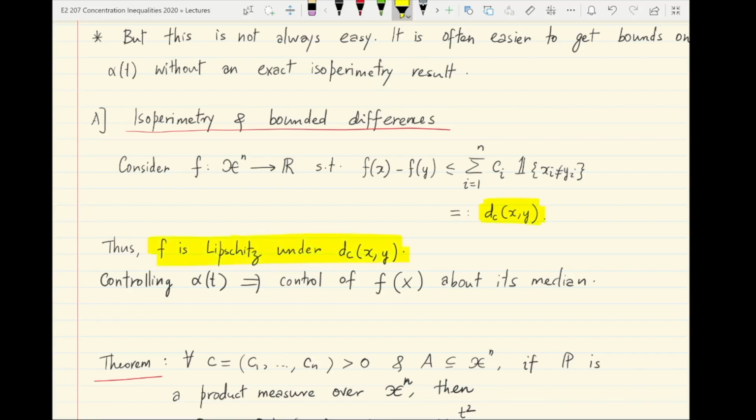So this means that if we can control alpha of t for the distance measure d_c, then this will imply control of the deviations of f of x around its median by Levy's inequalities.